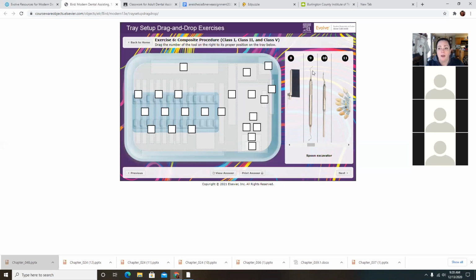Etch removes the what layer? It's called the smear layer. So like any debris, your teeth get filmy sometimes. So you put the etch on, the etch removes the smear layer and makes these little tiny erosions in the tooth, think of Velcro, almost.